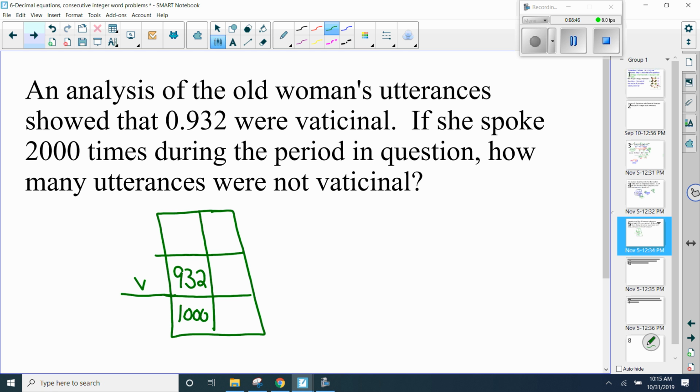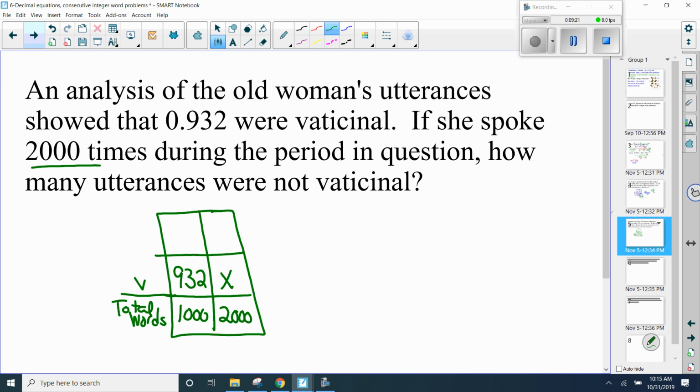If she spoke, so this is how many total words she says, or utterances, I don't know if you want to do it as utterances. If she spoke 2,000 times during the period in question, where's that at? Which box? 2,000 is your total. That's the total number of times she spoke.